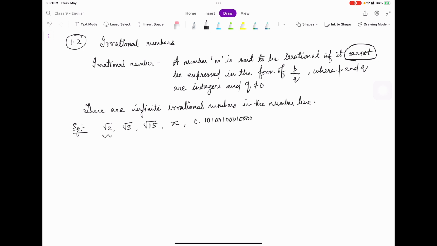The square roots of numbers which are not perfect squares are irrational.